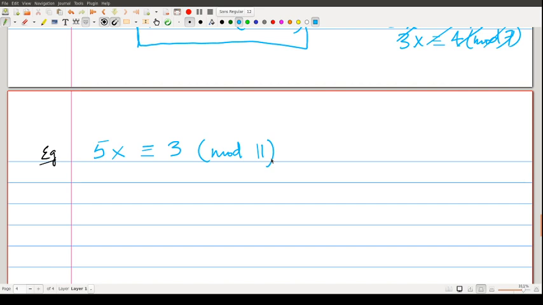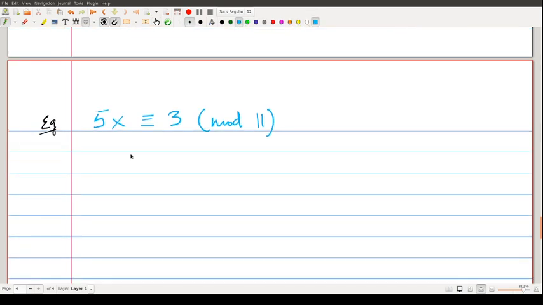Okay, yes, you'll definitely have to practice. So the first thing, can anyone tell me what's the first thing that we have to do here? Yes, the GCD.